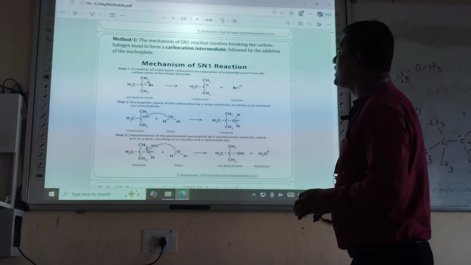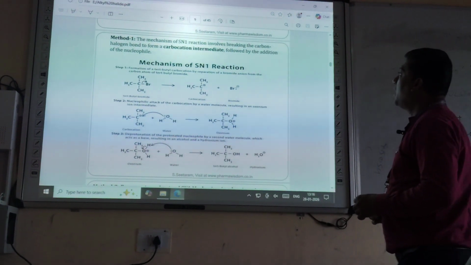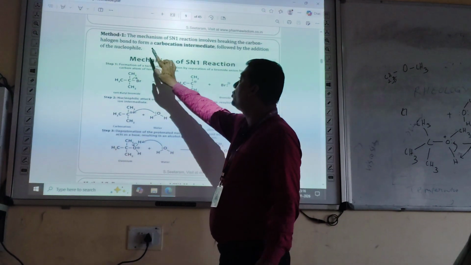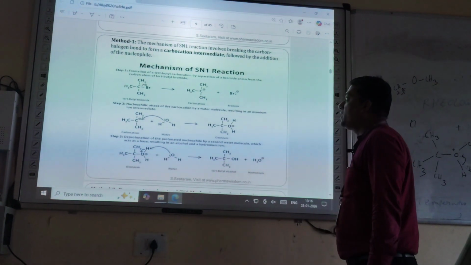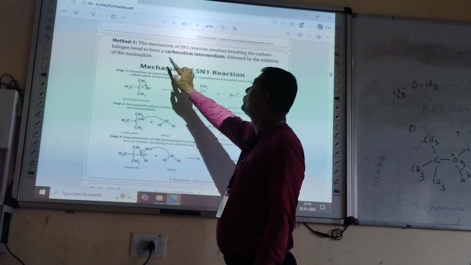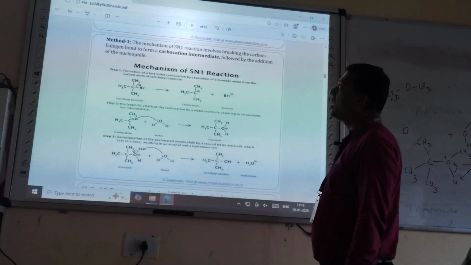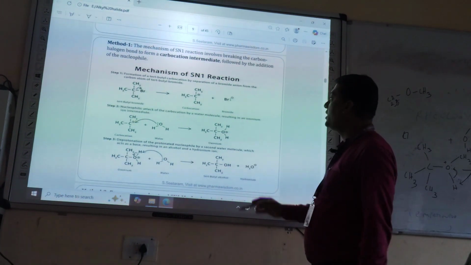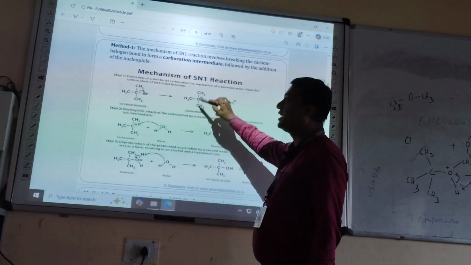The mechanism of SN1 reaction involves the breaking of the carbon halogen bond to form the carbocation intermediate, followed by the addition of the nucleophile. First, the intermediate will be formed. It constitutes 3 steps.